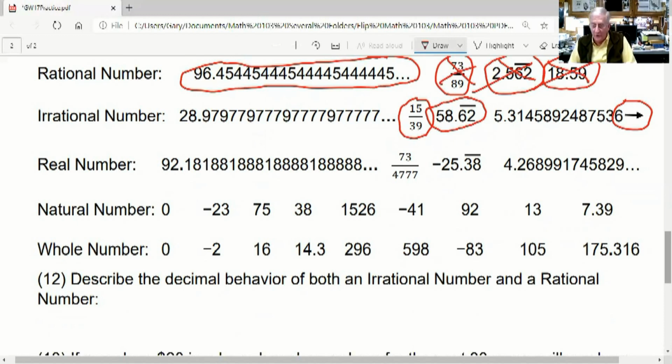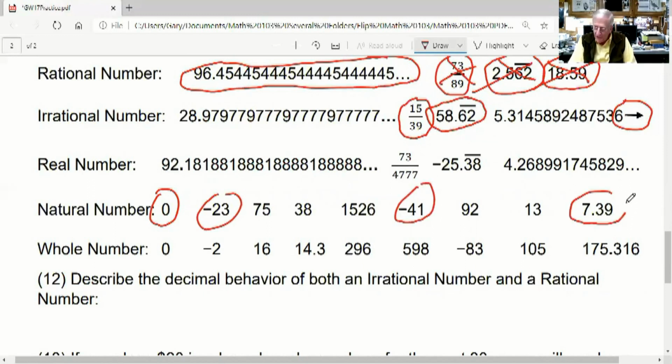We didn't learn to count with negatives, okay? So the non-natural numbers here are this one, we can't have negatives. Otherwise, and this is a decimal, so it can't be a natural number. You didn't learn to count with decimals. So 0, -23, -41, and 7.39 are definitely not natural numbers.